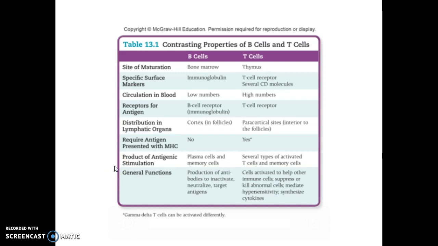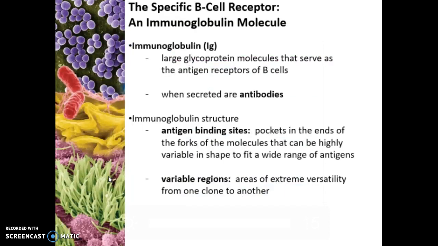And you see that both here. General functions, all right, production of antibodies for the B cells, and we'll talk about that in, I'm not sure, section 4 or section 5. And then T cells are activated to help other immune cells or to suppress or kill abnormal cells. All right, and unfortunately, they will also mediate hypersensitivity reactions, but we'll talk about that later on.